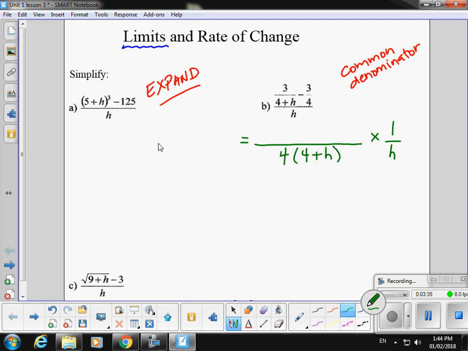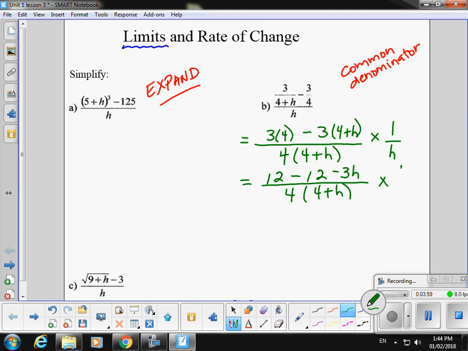So common denominator thinking would be I have to change the numerator of the first one to 3 times 4. I change the numerator of the second one to 3 times 4 plus h. And when I expand the top, I have 12. Subtract 12. Oh my, that's just crazy. Over 3h, 4 plus h, times 1 over h.